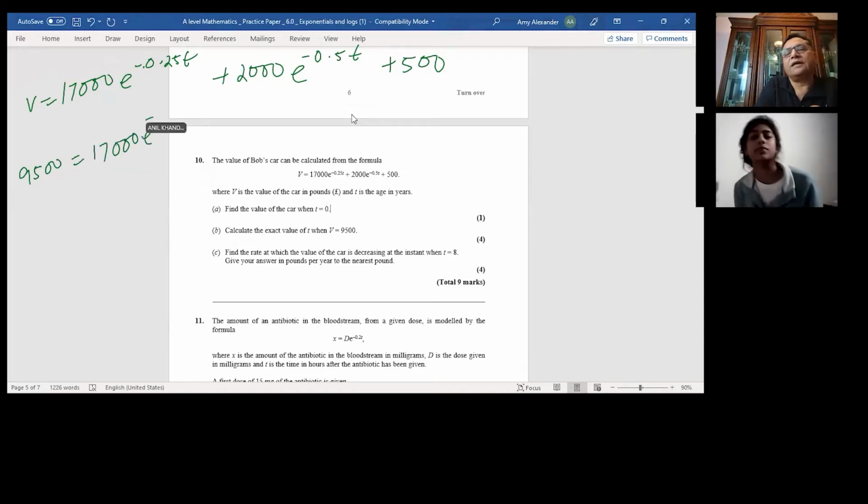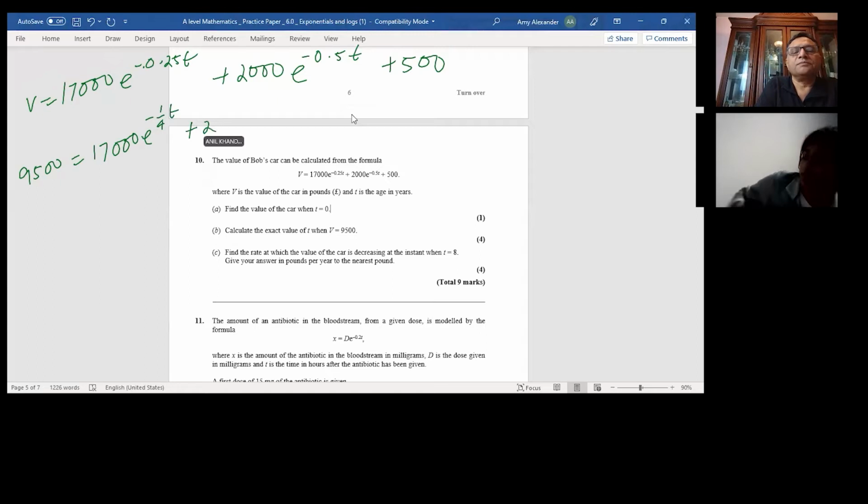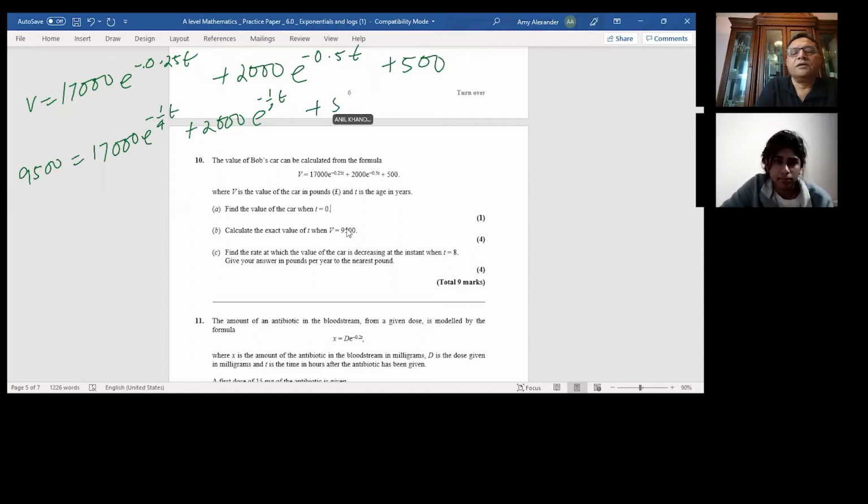Let me write this as a fraction. It'd be better for you to look at quarter. Do you see? Okay. Plus 2,000 e to the power of minus half t plus 500, correct? So we have substituted the values given to us as 9,500.